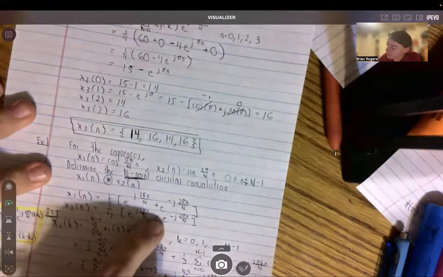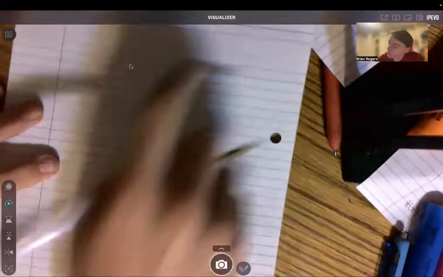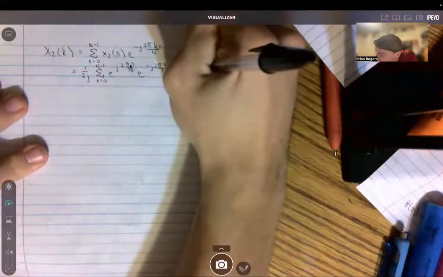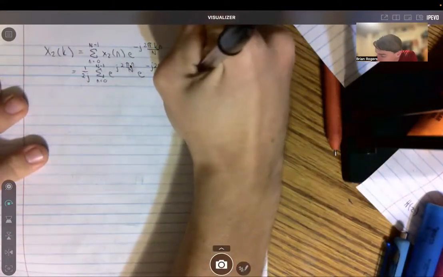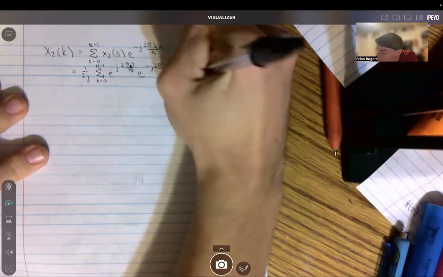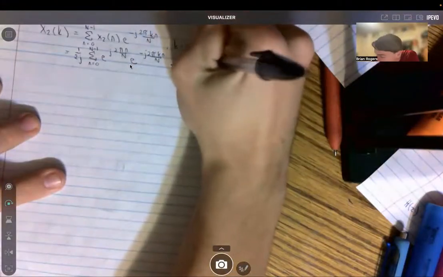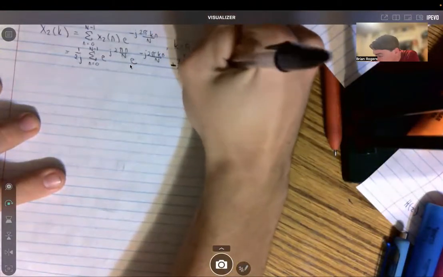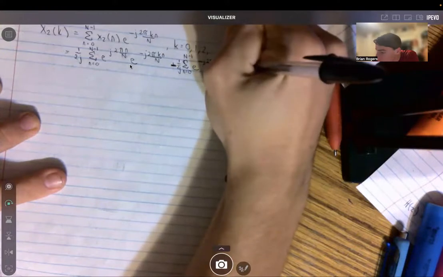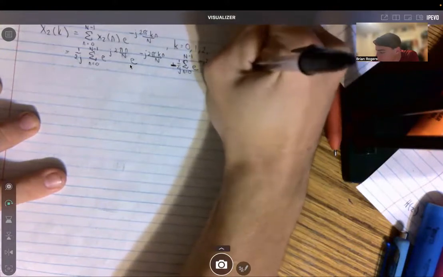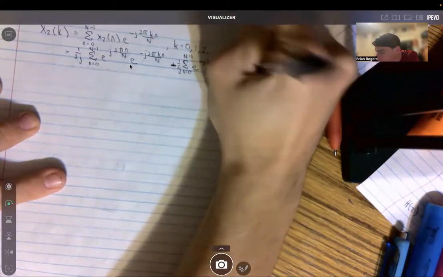So that one's going to be minus, and then the 1 over 2j term comes out in front, remember, so the summation from n equals 0 to capital N minus 1 of e to the negative j 2 pi n all over capital N, times e to the negative j 2 pi k n all over capital N.